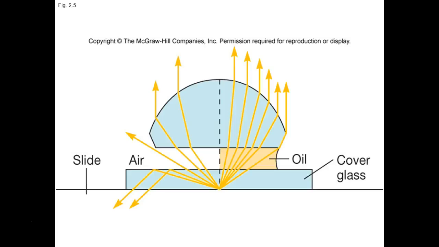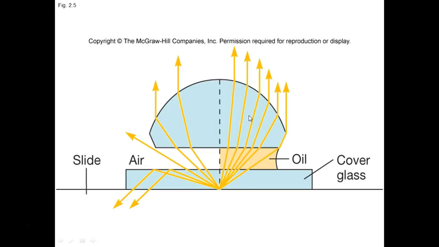Because at 1,000 times magnified, which we can do with the oil objective lens, which is 100 times, and our oculars, which are 10 times magnified, that lens gets really close to the slide. And because it's going from glass and then into air, the speed is going to be different. There's more refraction of that light away from the lens. And you need that light focused into the lens so you can actually see it.